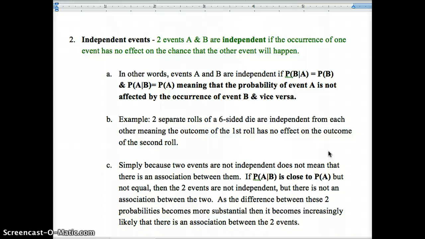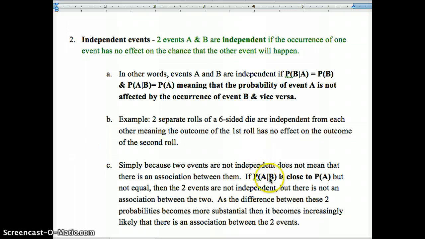If they're not independent, that does not necessarily mean there's an association between them. So if the probability of A given B is close to the probability of A, but not equal, then the two events are not technically independent mathematically, but there's not an association between the two.